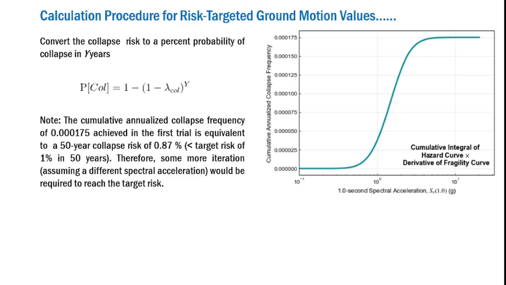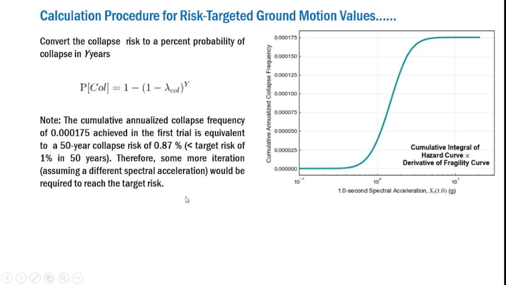Remember, this 50-year collapse risk of 0.87 percent is less than the target risk of 1% in 50 years. What does it mean? It means that we need to make some more calculations. We started with an acceleration corresponding to a return period of 2% in 50 years, and we selected the design ground motion as a starting value, but unfortunately we arrived only at a collapse risk of 0.87%.